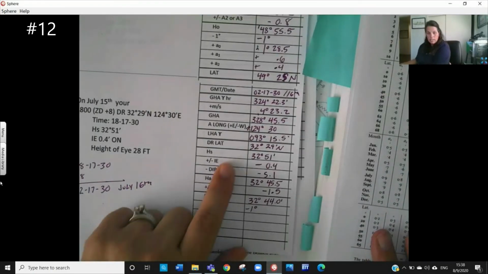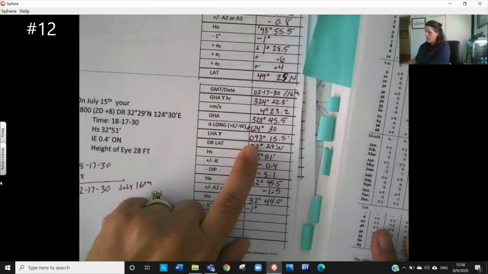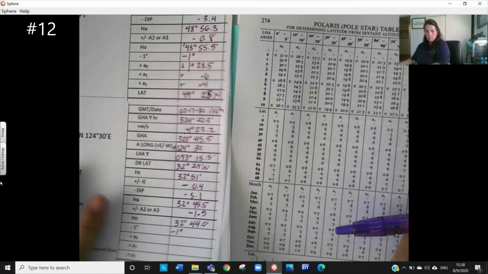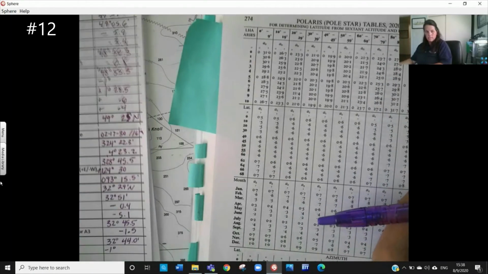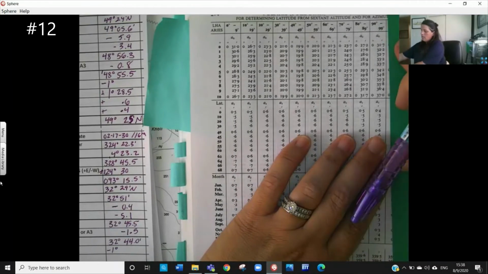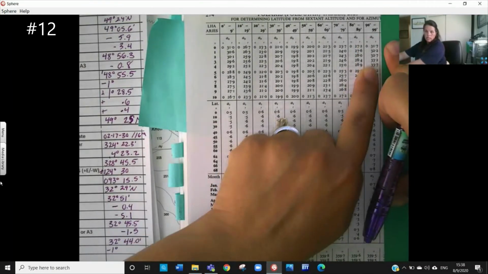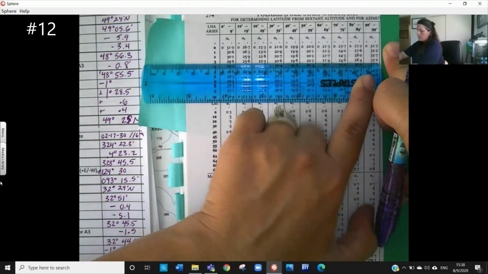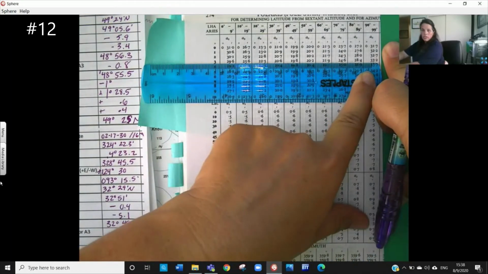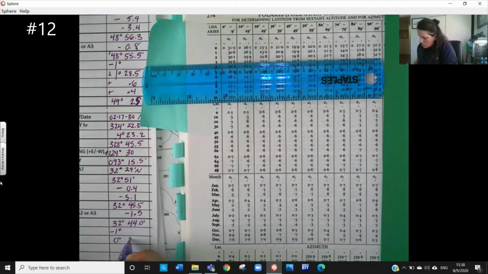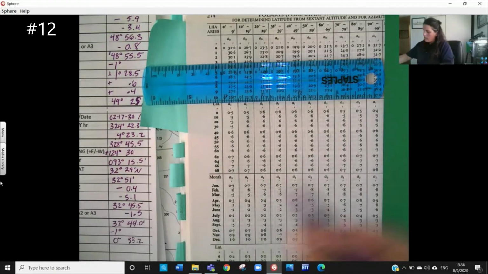Our LHA that we are entering it with was 093 15. Okay, so 093, we're going to be in our 090 to 099. 093 is going to give us a correction of 0 degrees, 33.2 for A0.